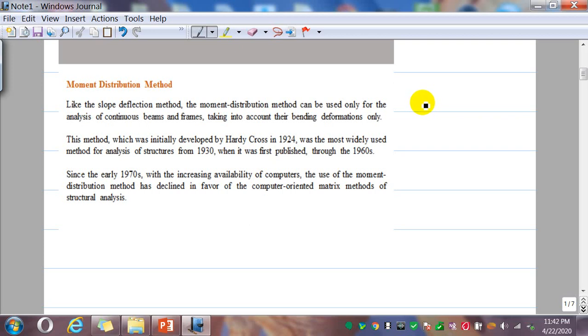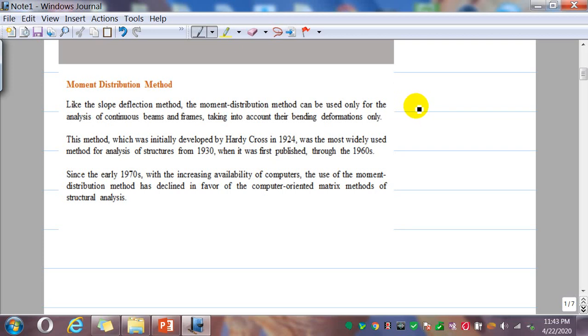You will learn about these matrix methods next year, or you might get some introduction in the next semester, but you will learn in detail in year 3.